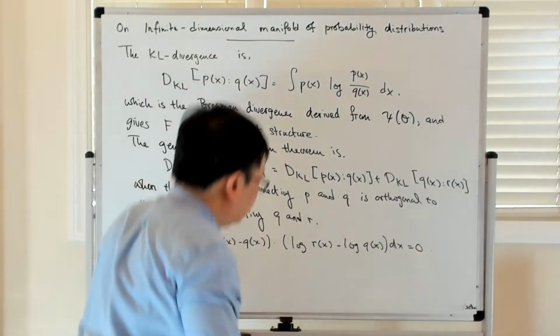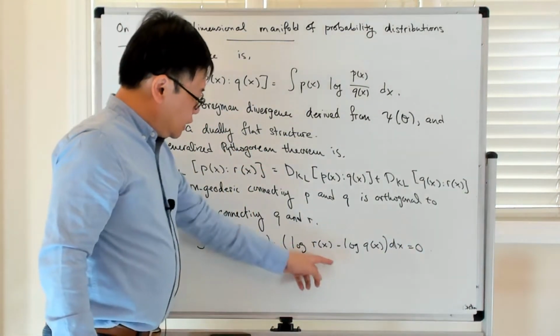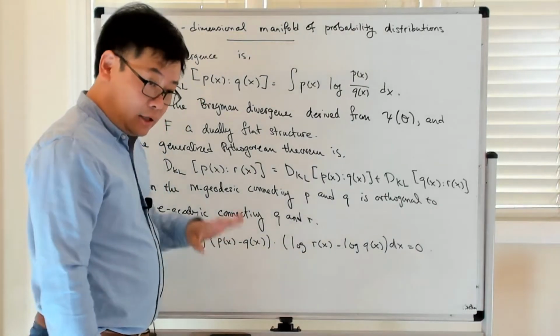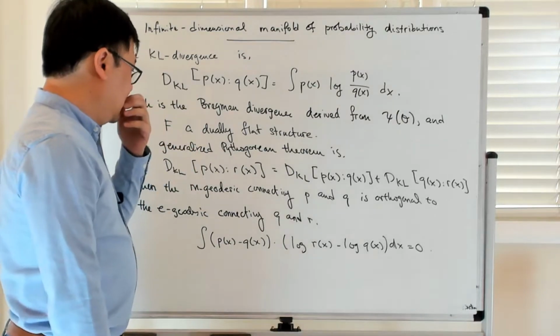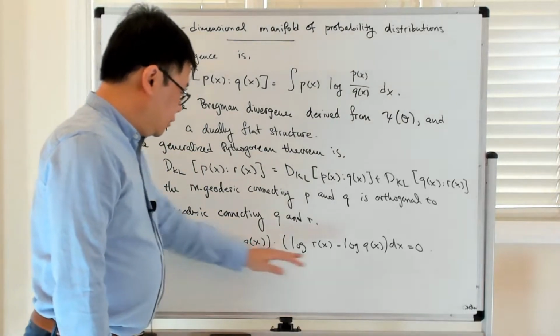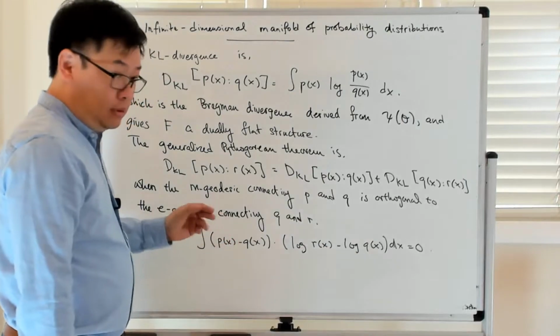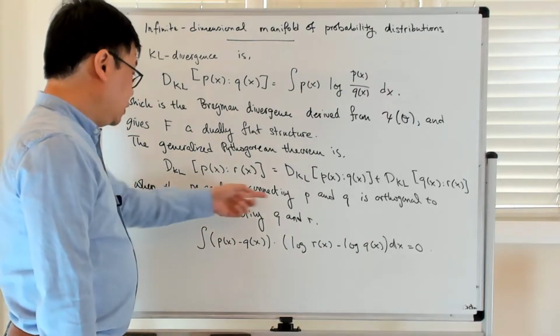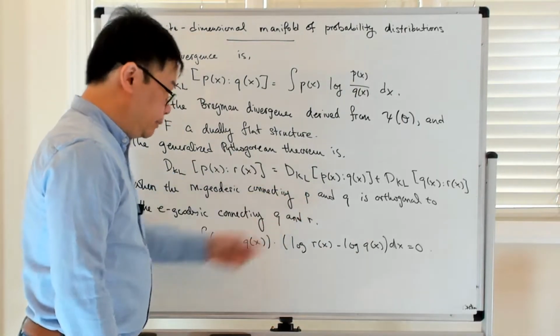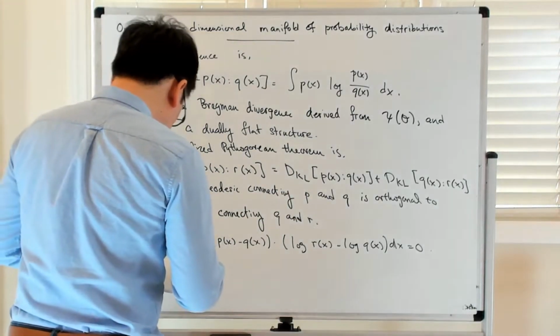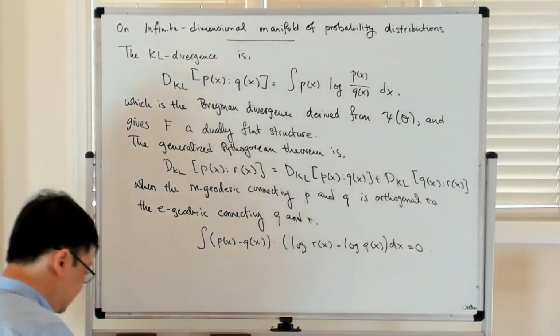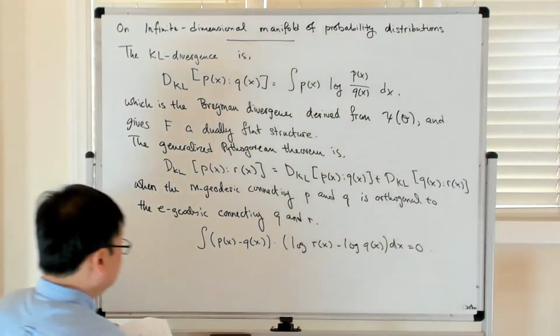And if we recall, in the previous lecture we had computed the tangent vectors to the E geodesics and the M geodesics. And that's basically what we're using here in order to characterize the orthogonality condition, which we had talked about here. Okay. And then there's a projection theorem which follows on this.